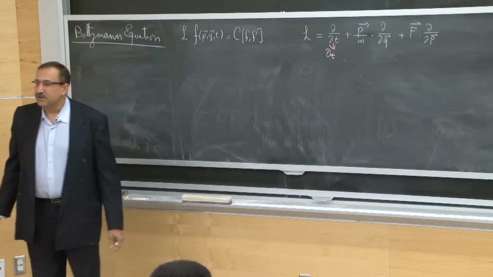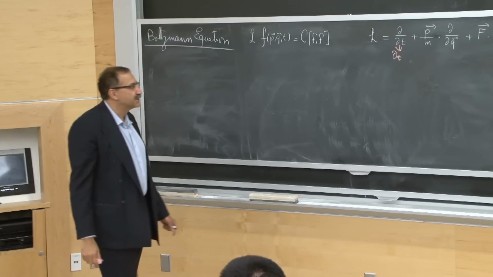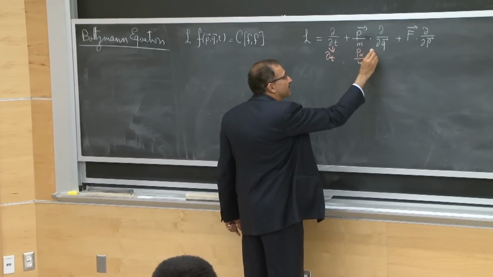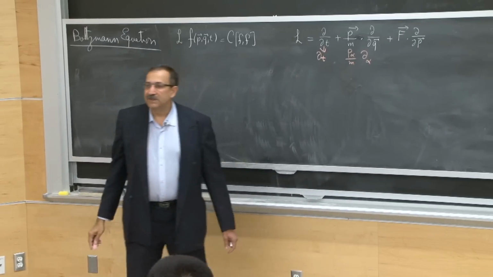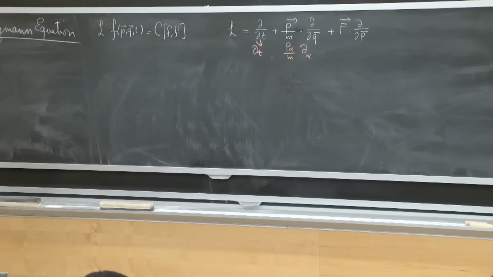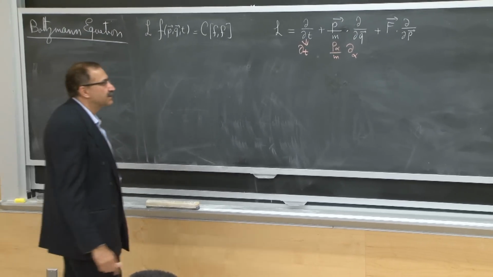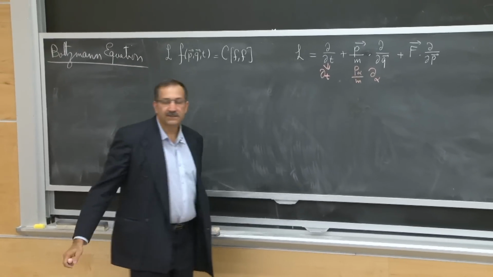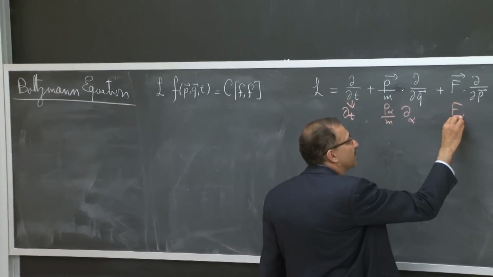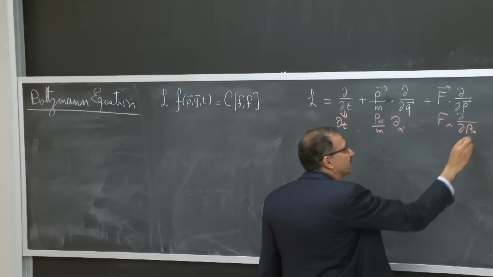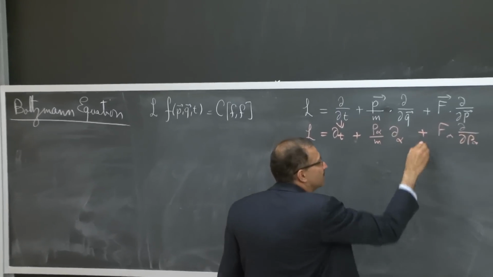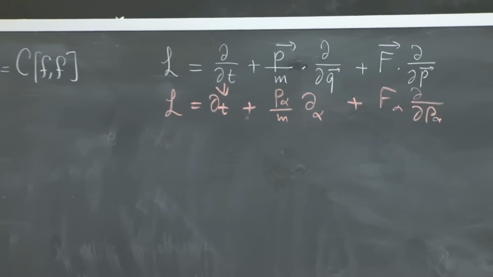I will use del sub t to indicate partial derivatives with respect to time. This term I will indicate as p alpha over m d alpha. So d sub alpha stands for derivative with respect to, say, x, y, and z coordinates of position. And the summation over the repeated index is implied here. And similarly here, we would write F alpha d by dp alpha. We won't simplify that. So basically, L is also this with the summation implicit.